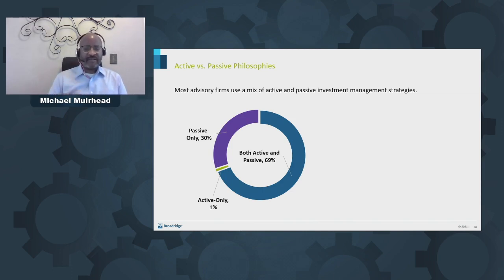And one of the things that we observed there is a higher usage of passive in international markets, to the tune of 77% of the practices that we looked at having exclusive passive mandates. So we thought that was kind of interesting, again, the difference between a mix or hybrid around U.S. advisors or advisory firms versus international firms.